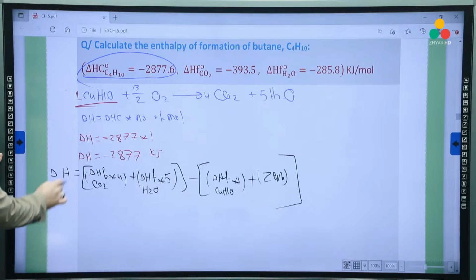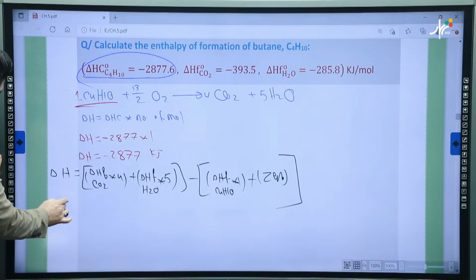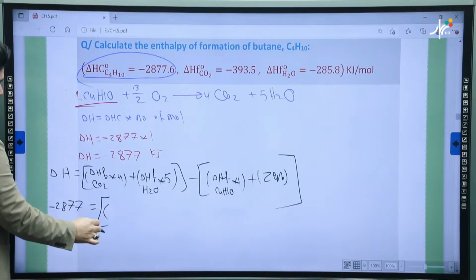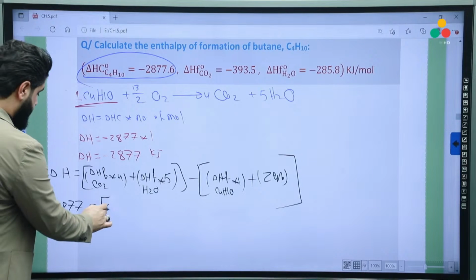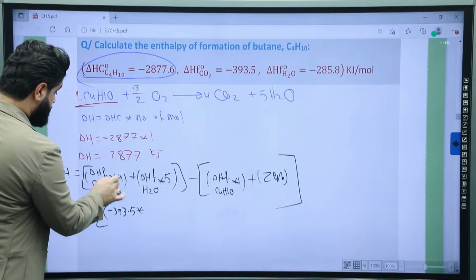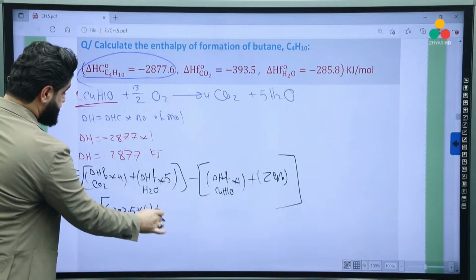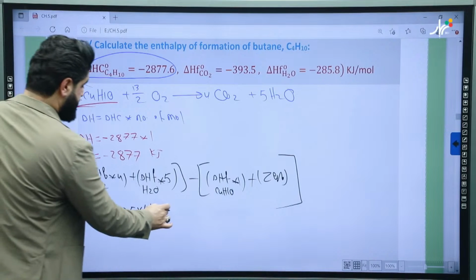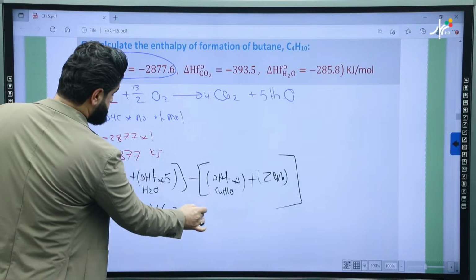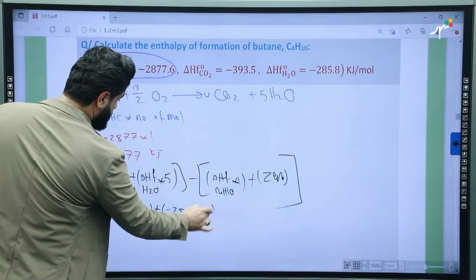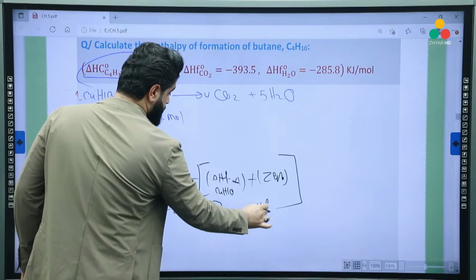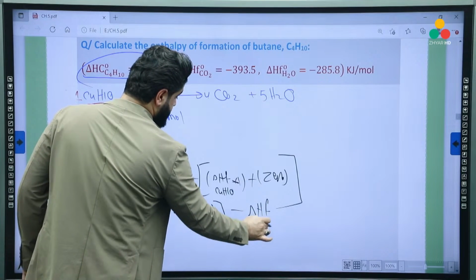Okay? So delta H equals negative 2,877 equals delta HF of CO2, which is negative 393.5, times 4, plus delta HF of H2O, negative 285.8, times 5, minus delta HF of butane, C4H10.